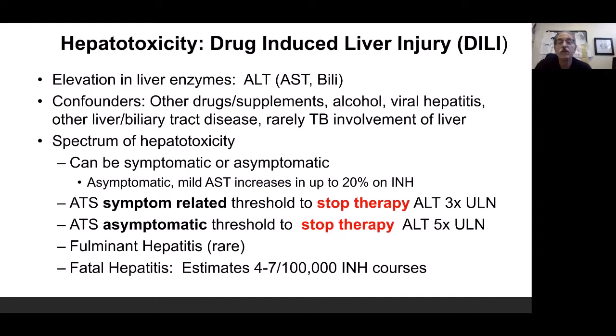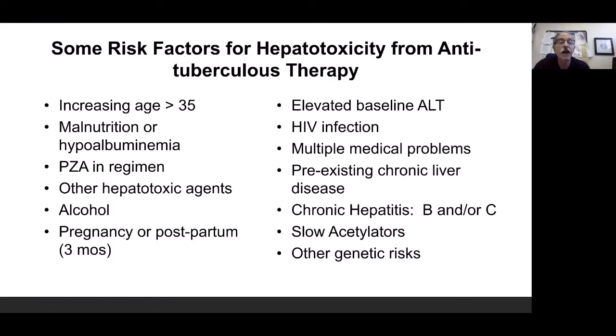We do see occasional fulminant hepatitis and even, unfortunately, fatal hepatitis, which I think the best estimates are anywhere between 4 and 7 per 100,000 isoniazid courses. These are some risk factors for hepatotoxicity.